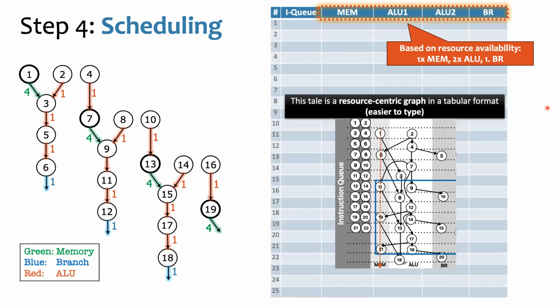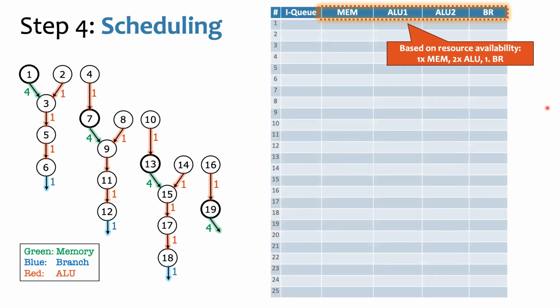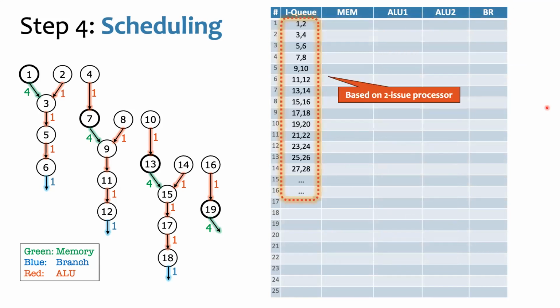This is essentially the same kind of diagram, but in a more tabular format, easier to type on paper. And then I know that this is a 2-issue processor. So each cycle, I'm bringing in 2 instructions into my instruction queue. And those are fetched in order.